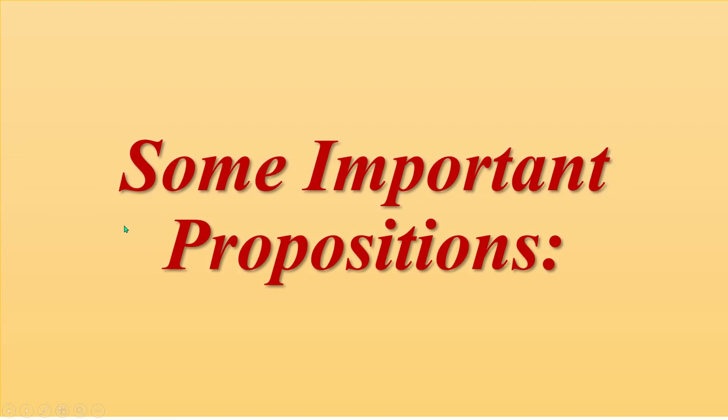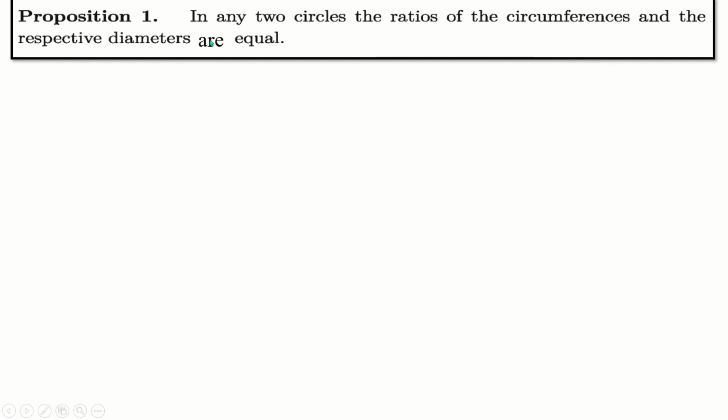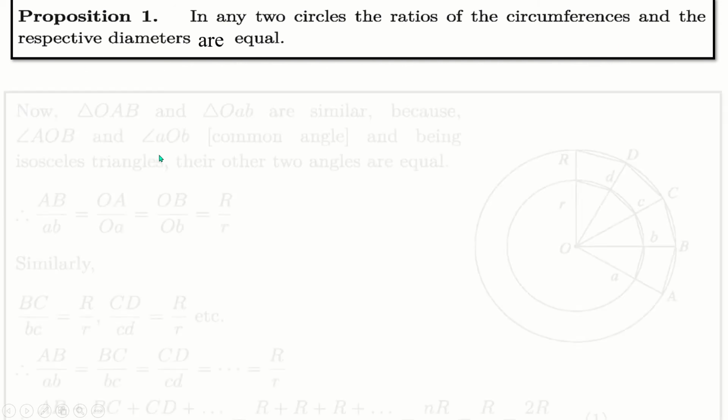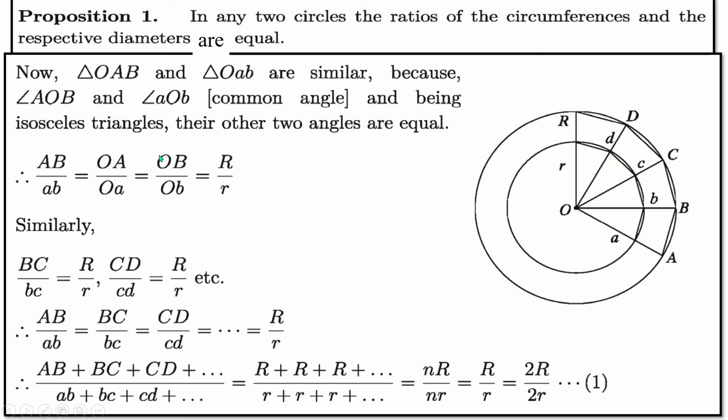Some important propositions. Proposition 1: in any two circles, the ratios of circumferences and the respective diameters are equal. Follow the figure. Here are given two circles, one is a small circle and another one is a greater circle.